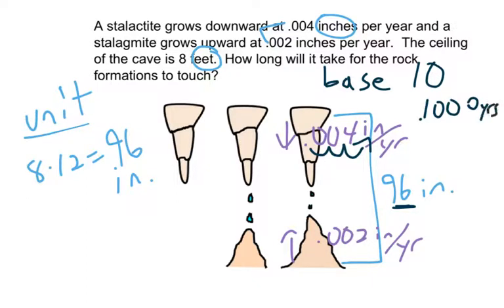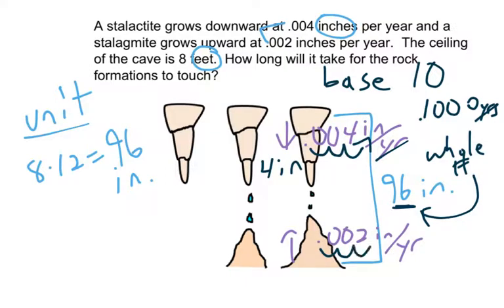And the reason I did that was to get a whole number, because this is a whole number. So 1,000 years gives us 4 inches, because look, years cancel, and 1,000 times 0.004 we just learned is 4. So that would be 4 inches, and then the same thing here, times 10 times 100 times 1,000, that's going to be 2 inches.